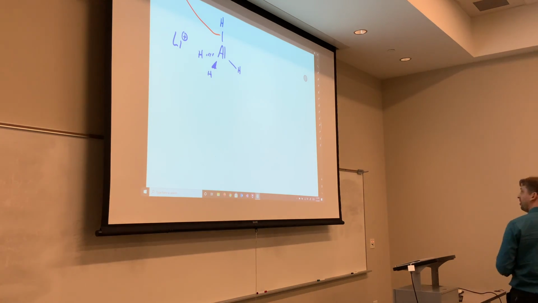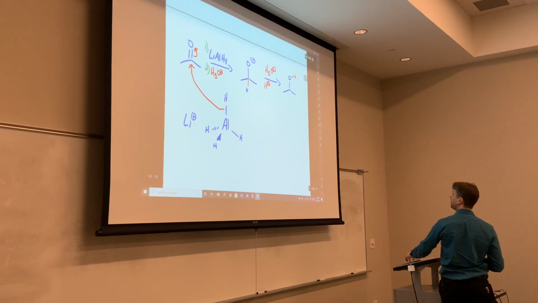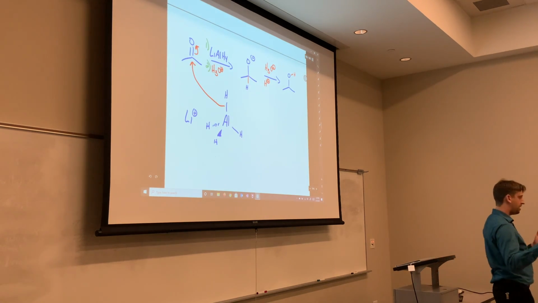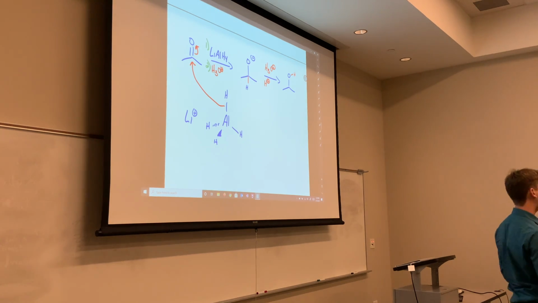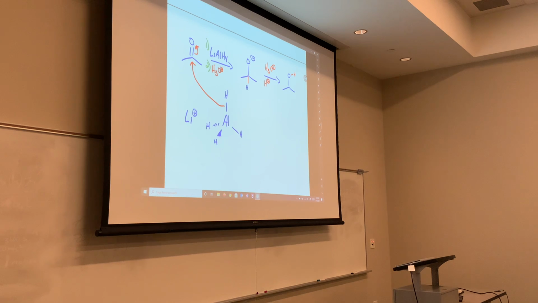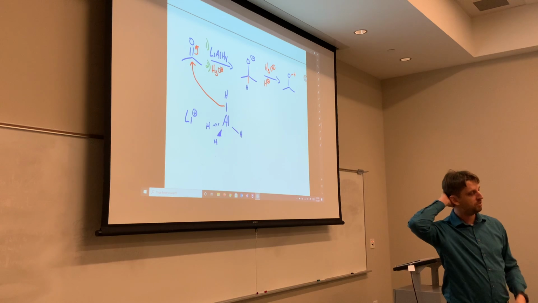From there, we started to launch into the reductions. We said that oxidation is adding bonds to oxygen. Reduction is essentially adding bonds to hydrogen or removing bonds to oxygen. And so the first way that we're going to learn how to do that is lithium aluminum hydride.